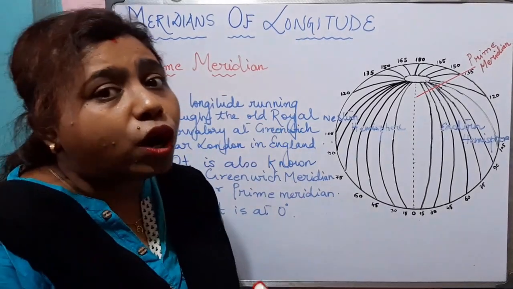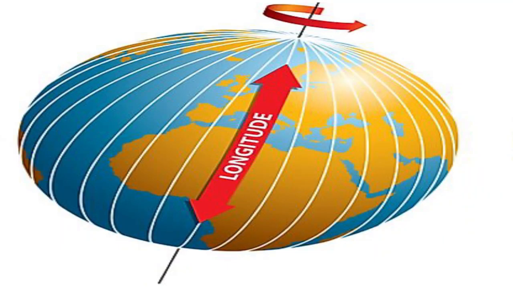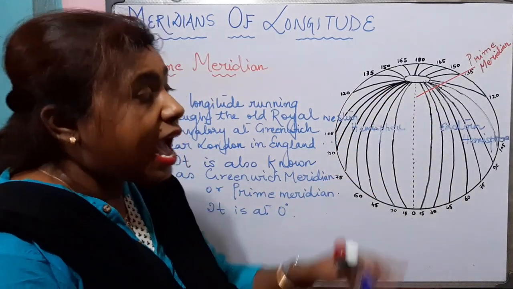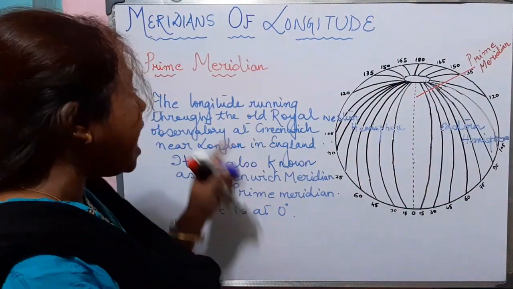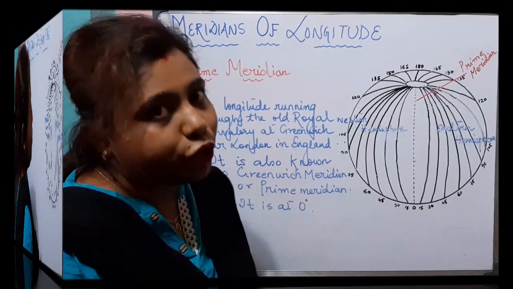Now let us know, what do you mean by longitude? Here we can see that there is a term called longitude. On the basis of the prime meridian, we will notice that certain other imaginary lines are drawn, and these imaginary lines are called longitude. So let us find out the meaning of longitude.